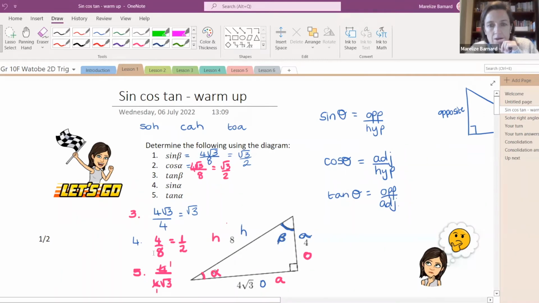So I don't understand where I went wrong. So for question 4, we're doing sine of alpha. It's opposite over hypotenuse, so it's 4 divided by 8, and 4 divided by 8 is a half. So check that you did sine, so it's opposite over hypotenuse. Oh, okay, thank you.